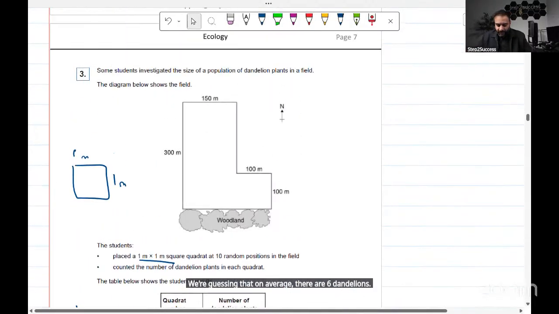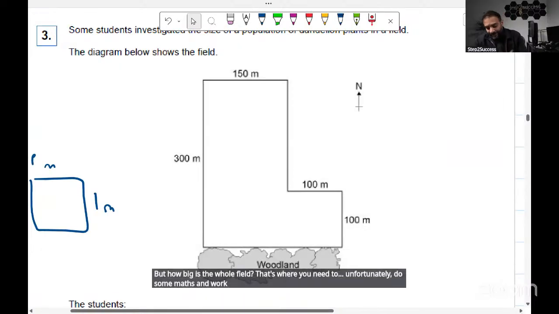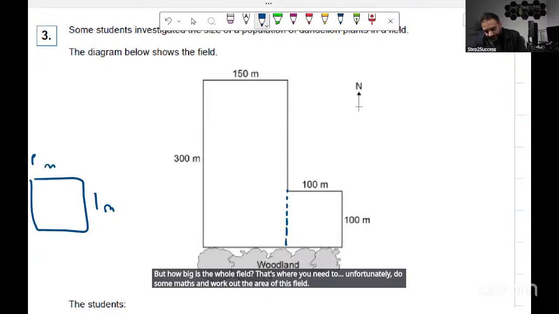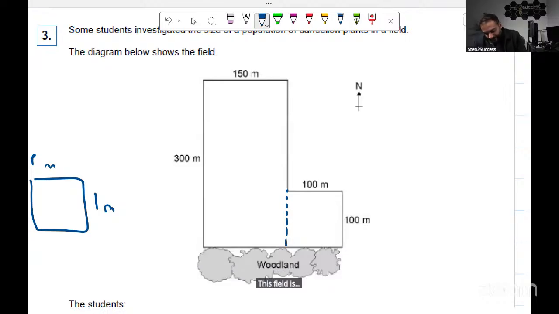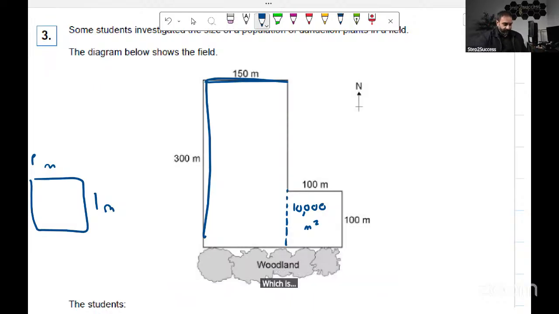But how big is the whole field? That's where you need to, unfortunately, do some maths and work out the area of this field. This section of it is 100 by 100, which is 10,000 meters squared. This area is 150 by 300, which is 45,000 meters squared.